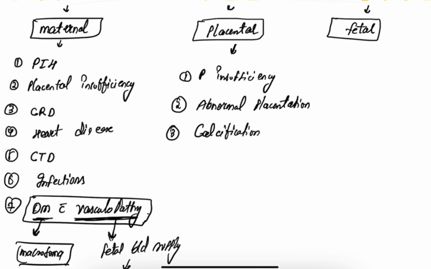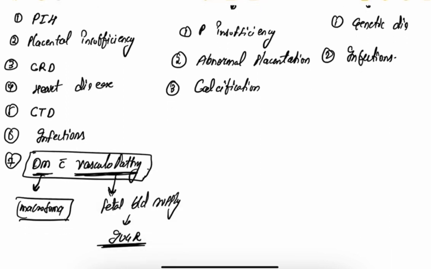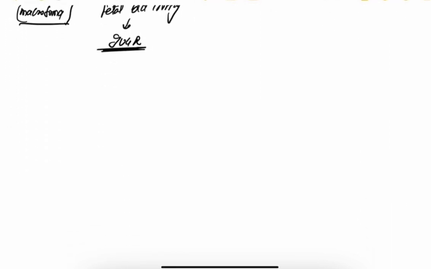All these are the placental causes of IUGR. So what are the fetal causes? Some kind of genetic disease or infections, if present, can lead to intrauterine growth retardation.